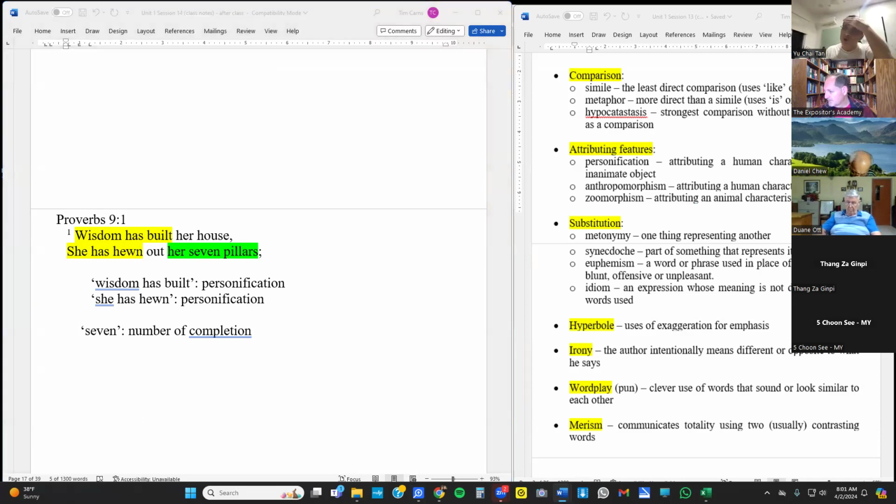The semester that I joined in Manila, in fact, my assignment was the exegesis of Proverbs 9. And so when I came across this phrase, seven pillars, the first question that came to my mind was whether this is literal.